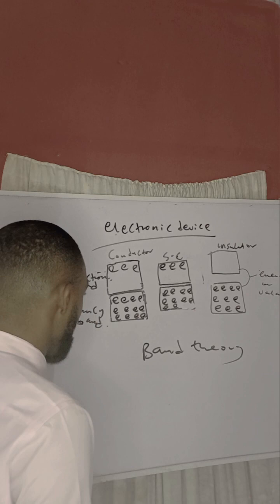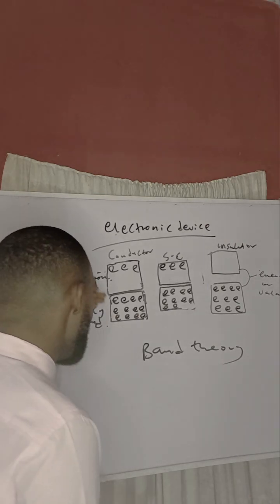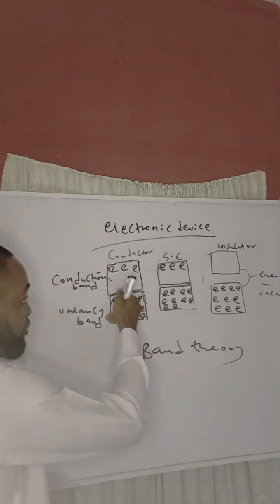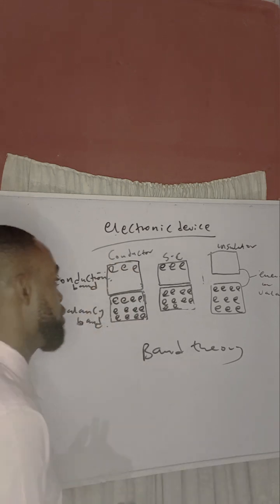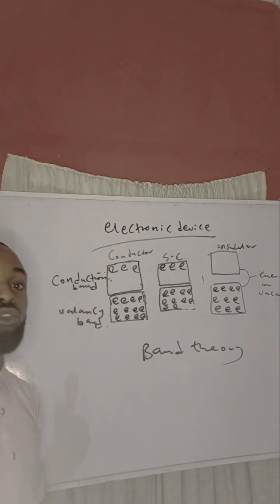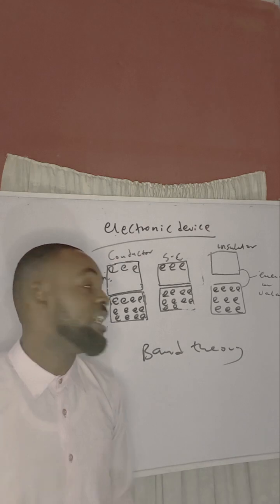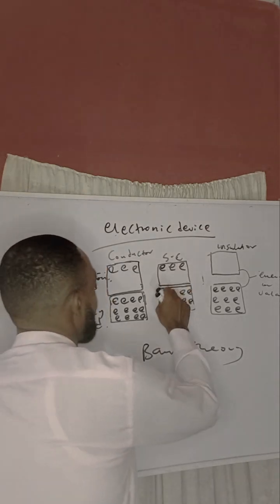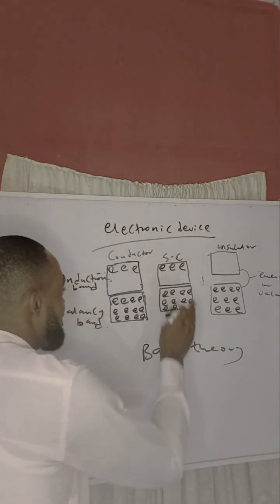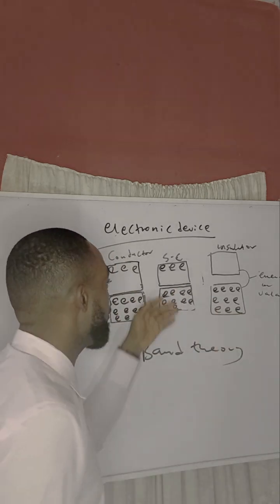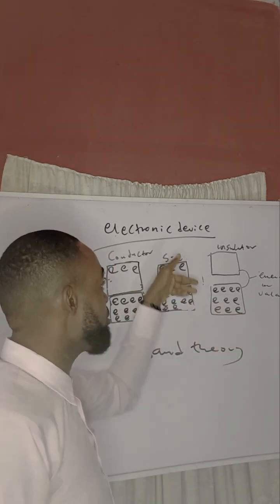For a conductor, there is no gap, so electrons can move from here to here without any obstruction. That is why they say that a conductor conducts electricity by mobile electrons. But for a semiconductor, there is a little gap. Because of this little gap, you have to heat it before an electron can jump from here to here.